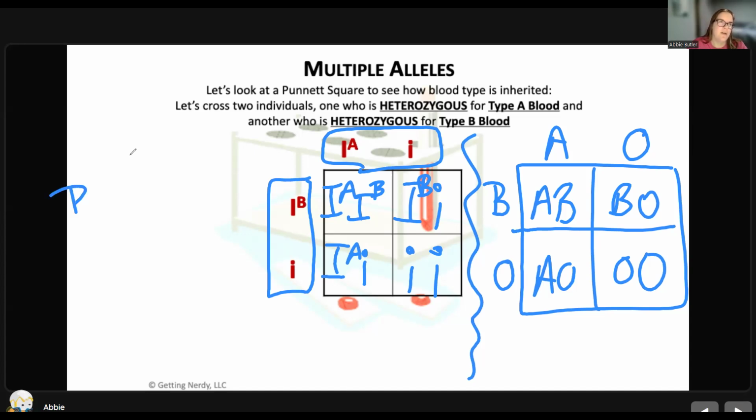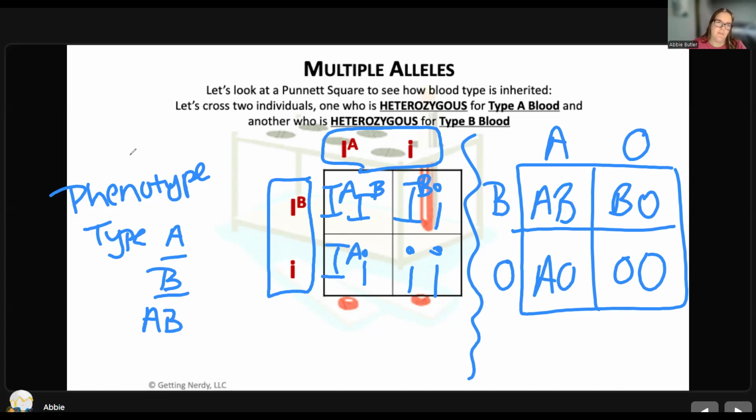For your phenotype ratio, we would say how many of each type we have from the square. So what's the chance of the child being type A, type B, type AB, or type O? For the genotype, you would list what's from your squares.